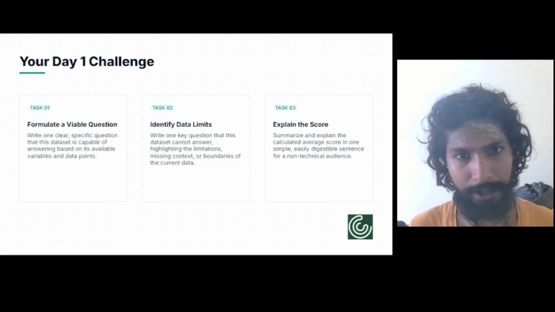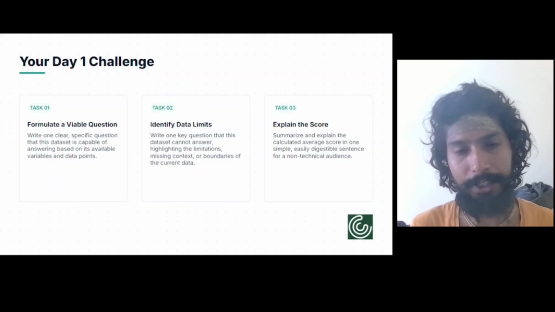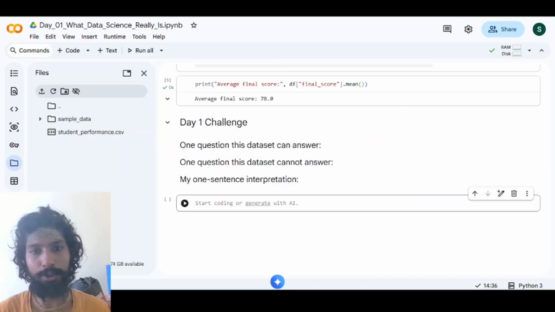So first we identify the input, second identify the operation, third describe the expected output. One possible question this dataset can help us investigate is: is higher attendance associated with a higher final score in this dataset? Let me type that out.